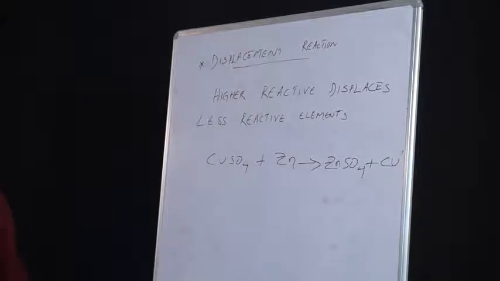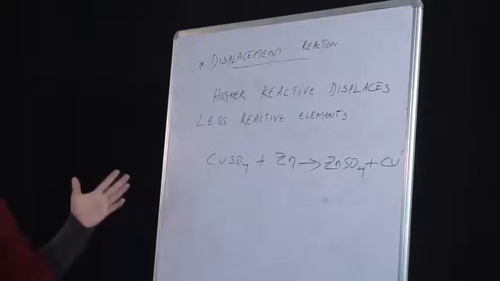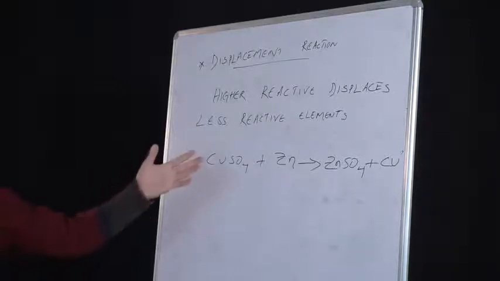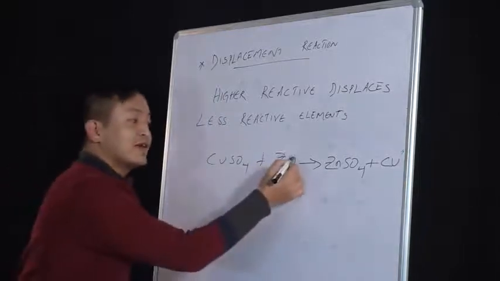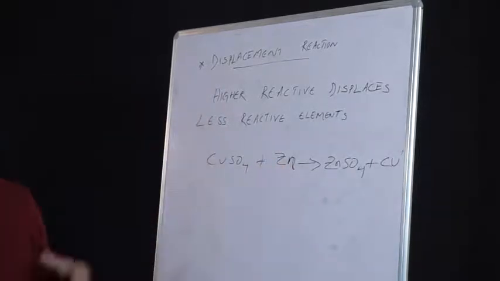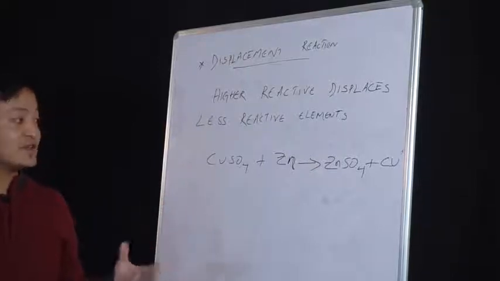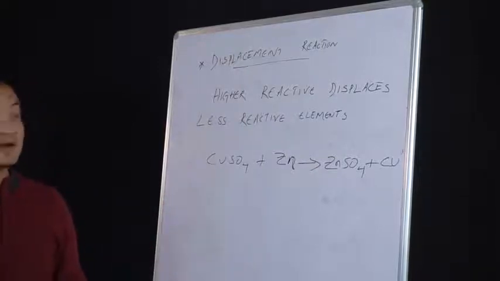So for our listeners who are hearing the voice clip, copper sulfate, the chemical formula is CuSO4, and zinc, the formula is Zn, and the products we get are zinc sulfate, that is ZnSO4, and copper.